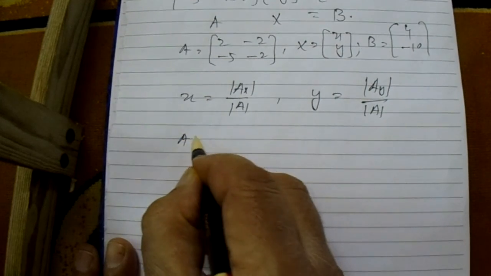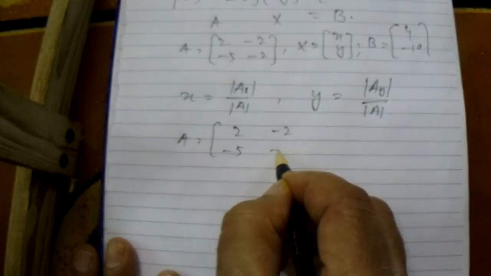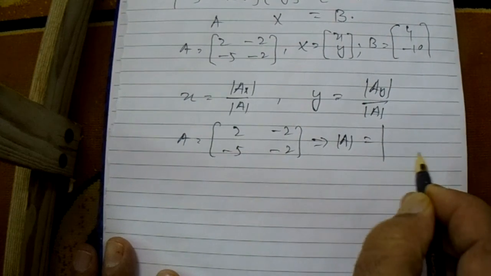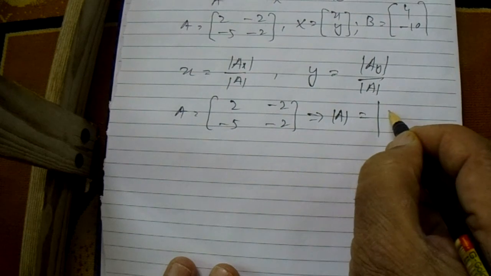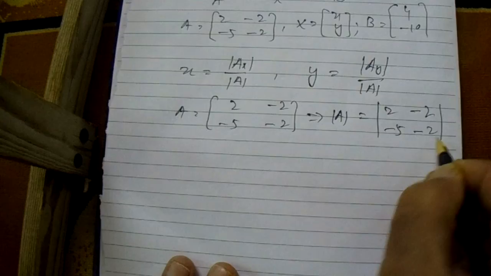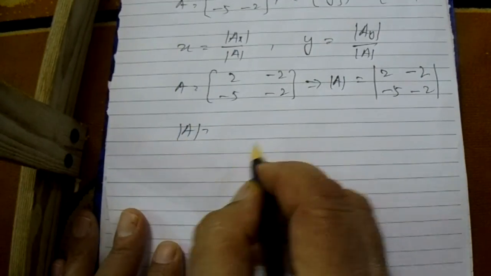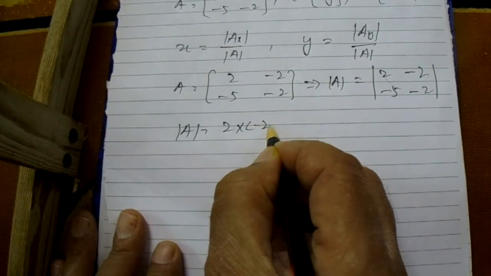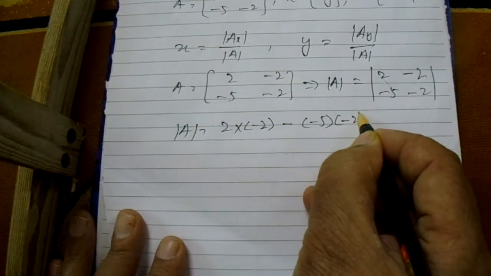Now we write the A matrix again, [2, -2; -5, -2]. Again we find the determinant of A: 2 multiplied by -2, and minus into -5 and -2 here.